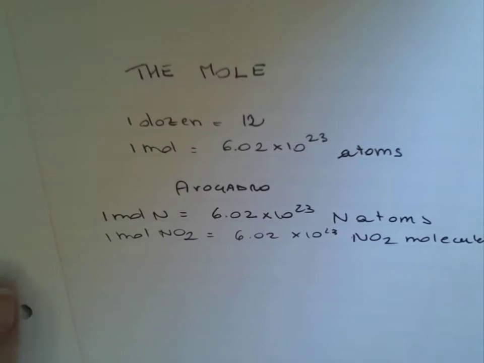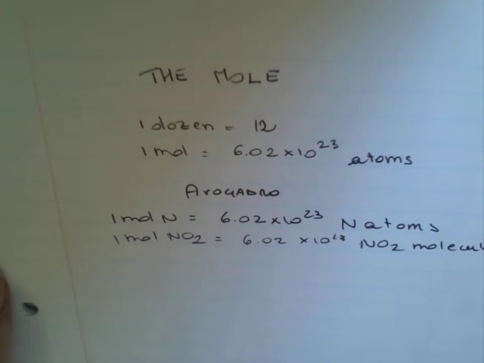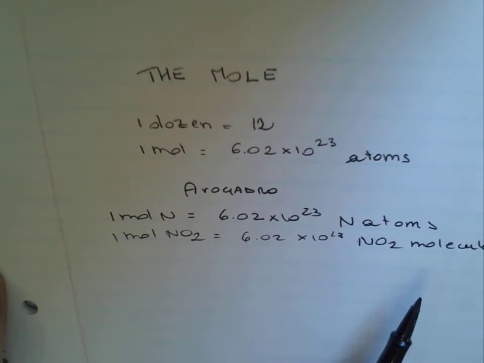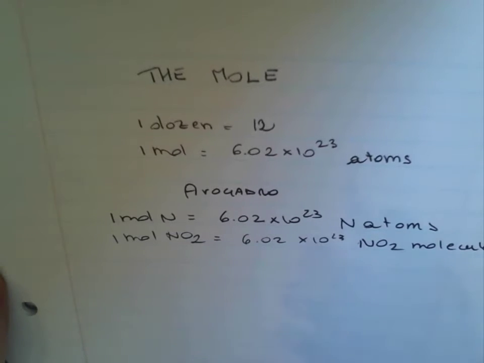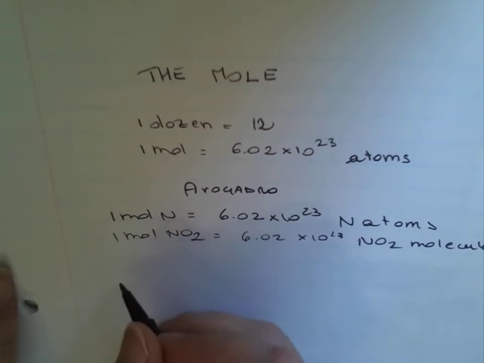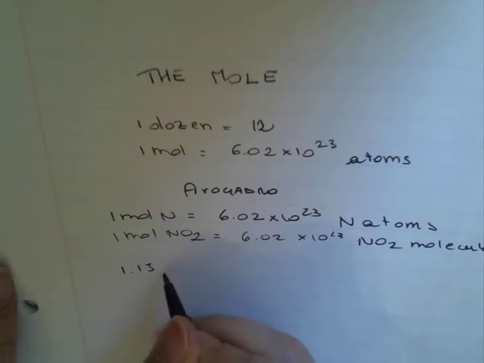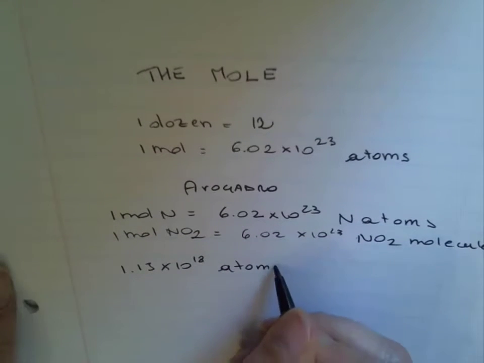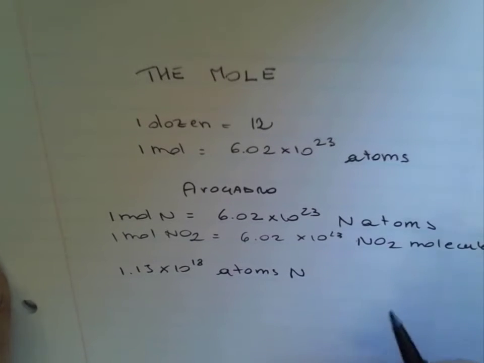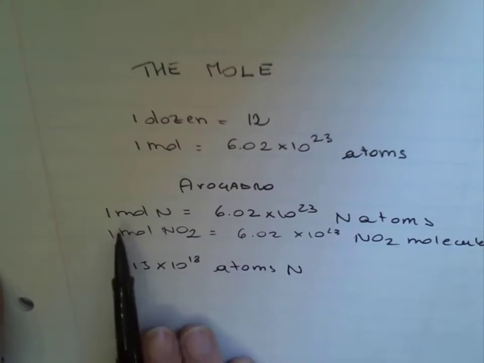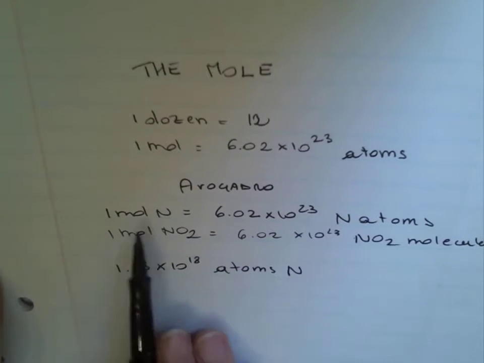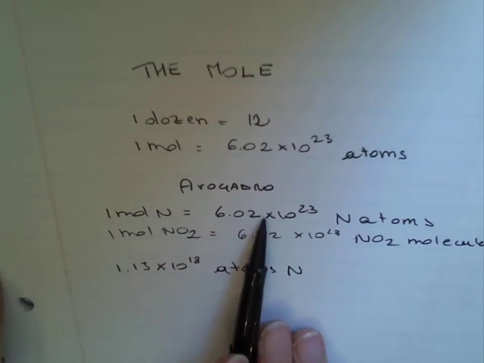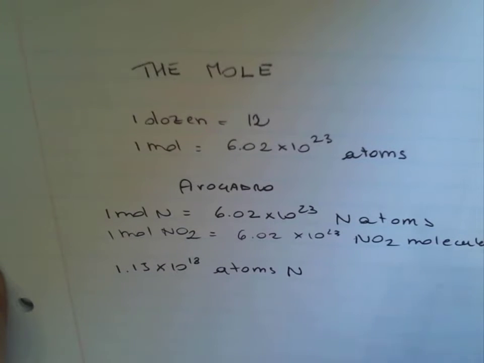So if we know how many atoms are present, for example, we can tell how many moles we have in a certain number of atoms. Say, for example, we have 1.15 times 10 to the 18 atoms of nitrogen. We can then use the mole as a conversion factor. If you remember, in dimensional analysis, when we have an equality, we can write it as a conversion factor, as a fraction.